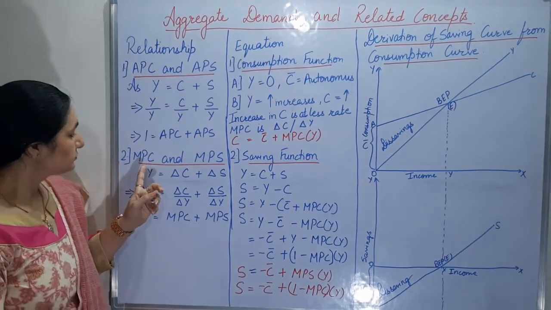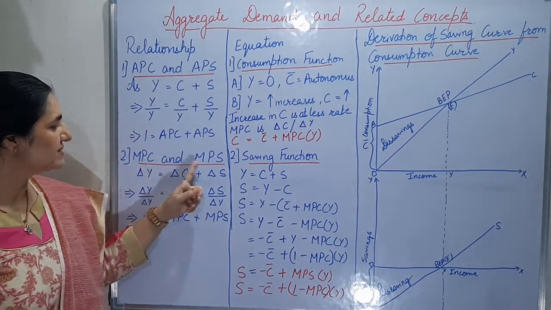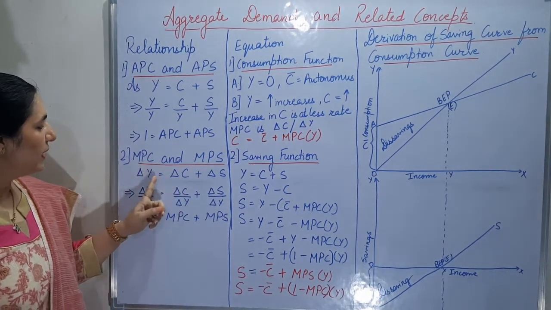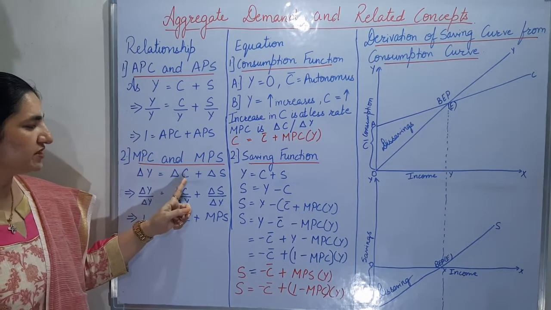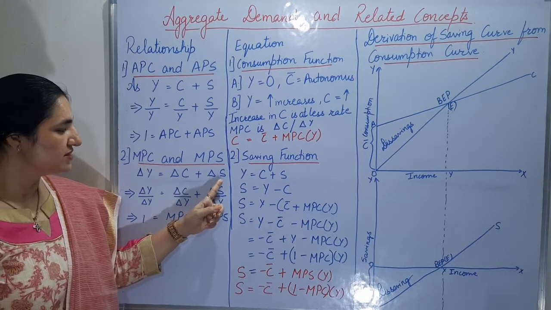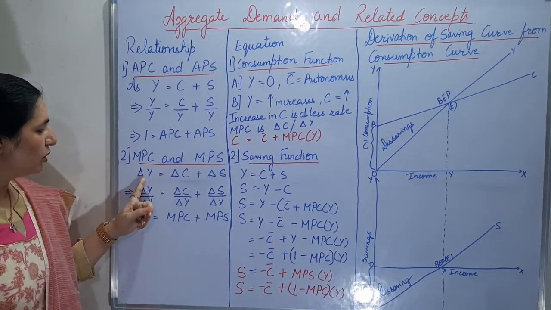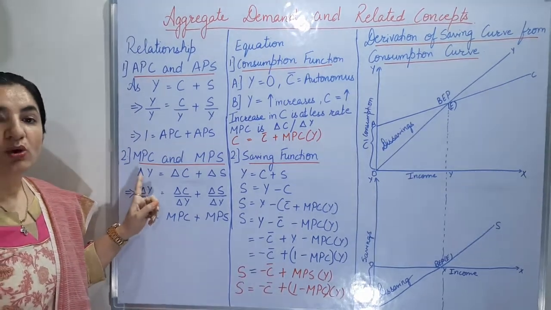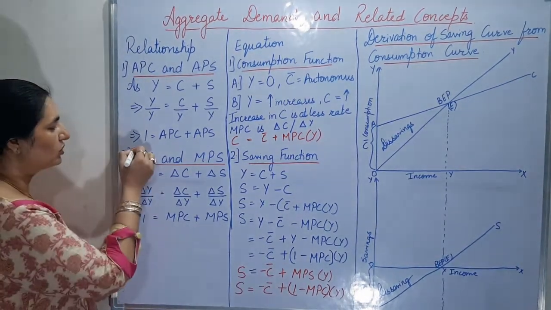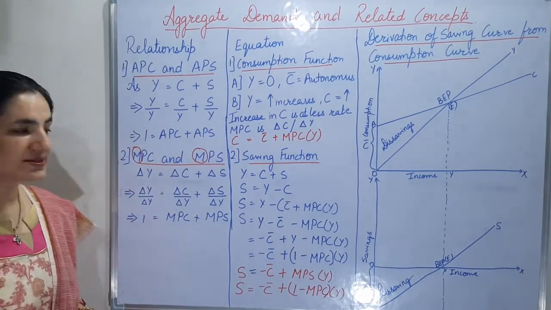In the same way, there is an inverse relationship between MPC and MPS. MPC is change in consumption by change in income, and MPS is change in saving by change in income. We are talking about change because we are talking about the marginal part of consumption and saving.